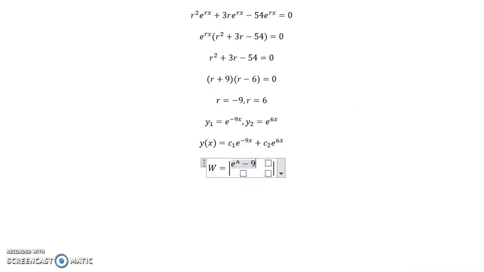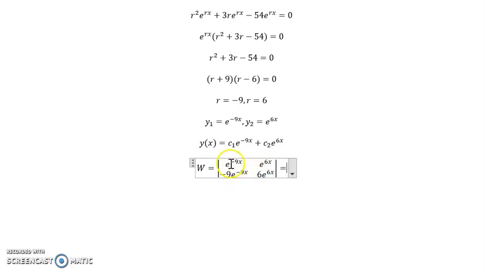e to the -9x, and then this becomes -9 e to the -9x, and up here we have e to the 6x and 6 e to the 6x.